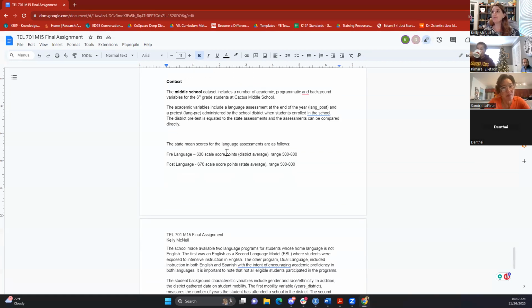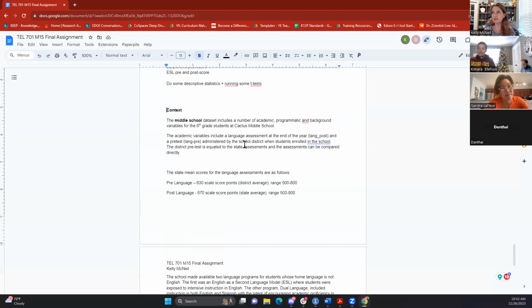Context: the middle school data set includes a number of academic, programmatic, and background variables for the 6th grade students at Cactus Middle School. The academic variables include a language assessment at the end of year, Lang_post, and a pre-test, Lang_pre, administered by the school district when students enrolled in the school. The district pre-test is equated to the state assessments, and the assessments can be compared directly.